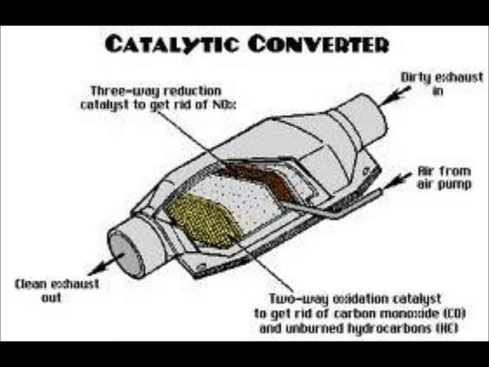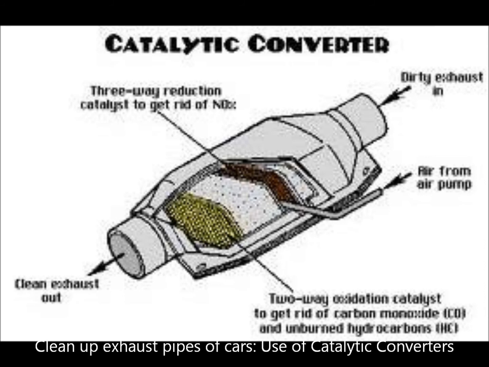Okay, now we move on to what is cleaning up of exhaust pipes of cars. It is the use of catalytic converters, where you can see on the diagram the methods it uses to remove the gases. For carbon monoxide, there will be a release of carbon dioxide and water instead of the harmful gas of carbon monoxide.